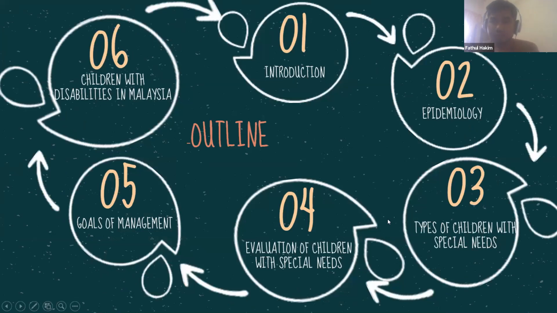First, I will present the introduction: what is children with special needs? Then the epidemiology and the types of children with special needs. Number 4 is the evaluation of children with special needs. 5, how we are going to manage, or what is our goal of management generally. And then 6, how we are going to protect or help children with disabilities in Malaysia.